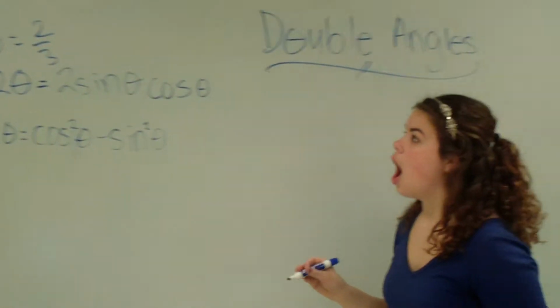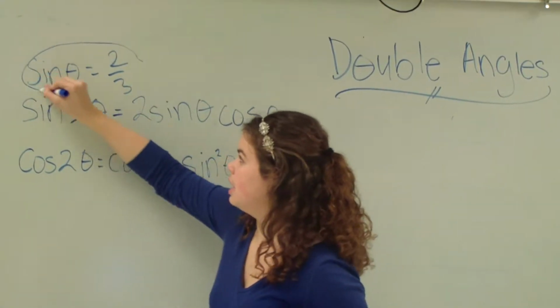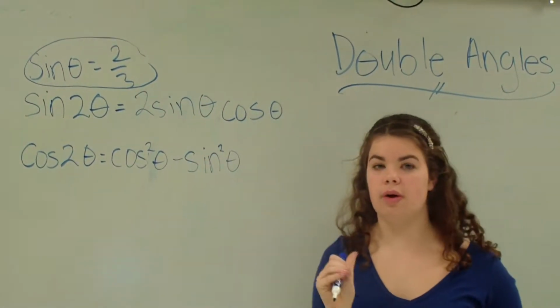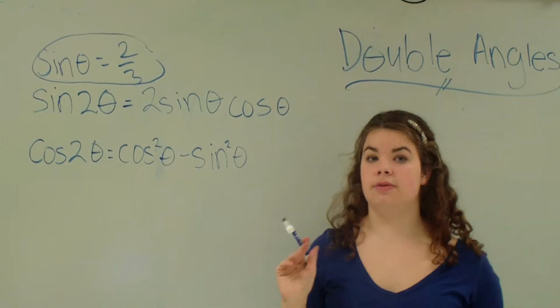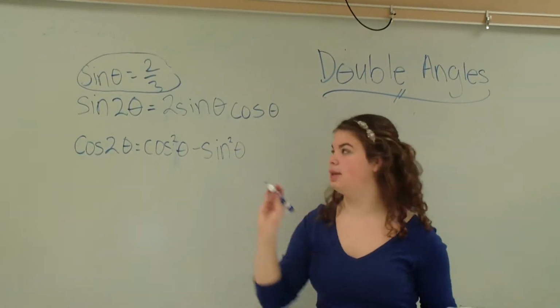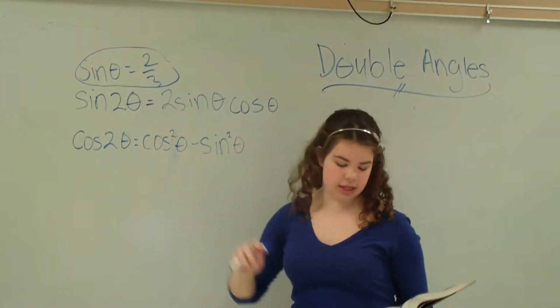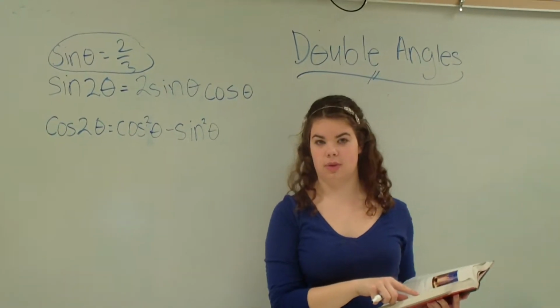So we have a given information that sine theta equals 2 over 3. Now we know that this is in the first quadrant because both of these are positive, and our book also tells you that it's in the first quadrant.